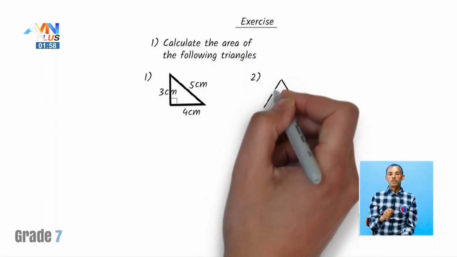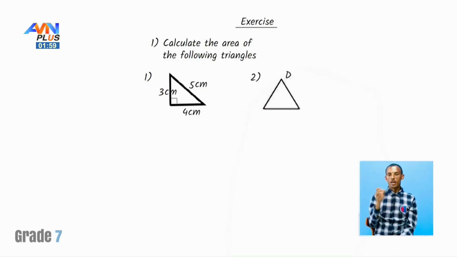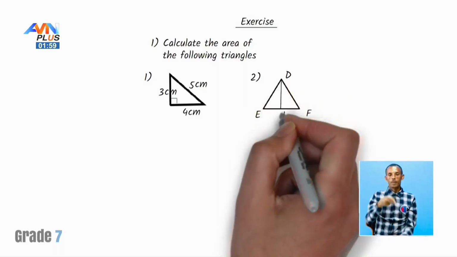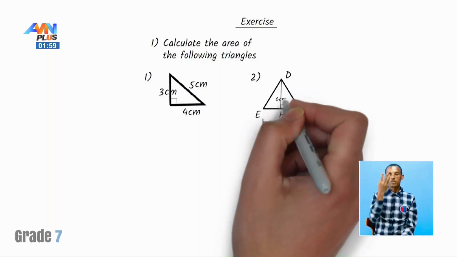This triangle, assume it is DEF, and this one is H. So this distance is given to be 12 centimeter, and this altitude is given to be 6 centimeter.